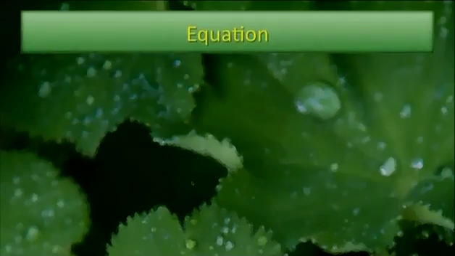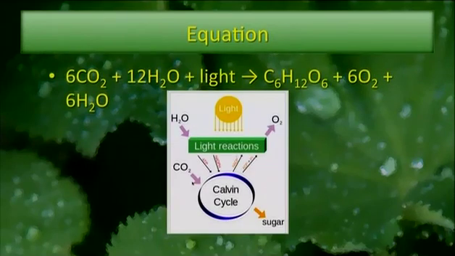Now the equation for photosynthesis: 6 carbon dioxide plus 12 water plus light, in the presence of chlorophyll and enzymes in the plant, makes glucose, C6H12O6, plus 6 oxygen gas plus 6 water. Light energy is stored in sugar, made from carbon dioxide from the air and water absorbed by the plant through the roots.